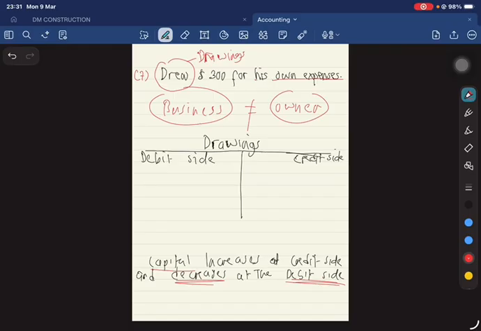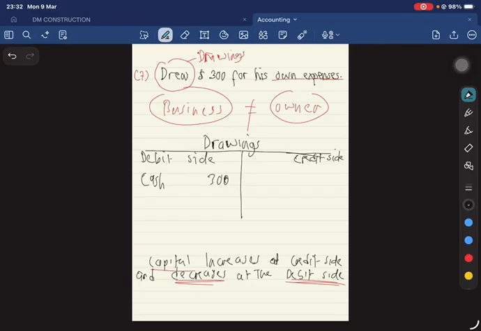So we will debit it by 300, the amount he withdrew, in the name of cash. He withdrew $300 cash for his own expenses.